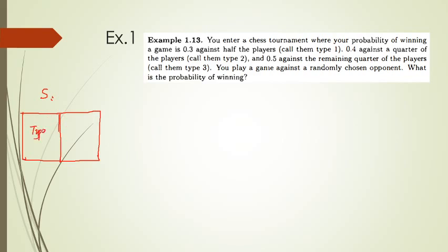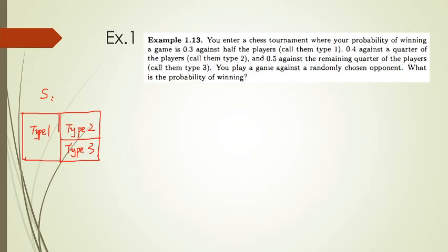So this is the type 1 player, 50%. And a quarter of the players you call type 2. And the remaining players you call type 3, right? So you divided all the players into 3 types.